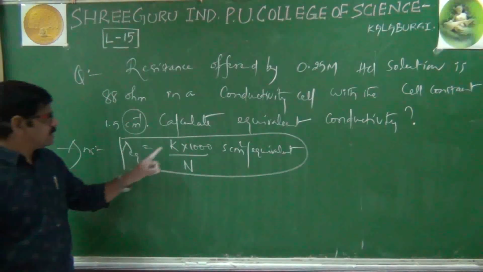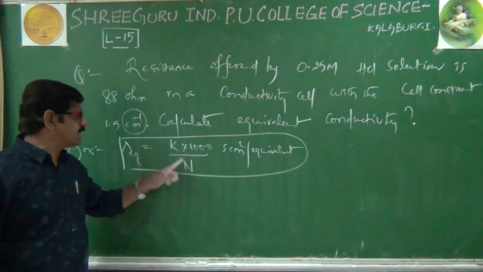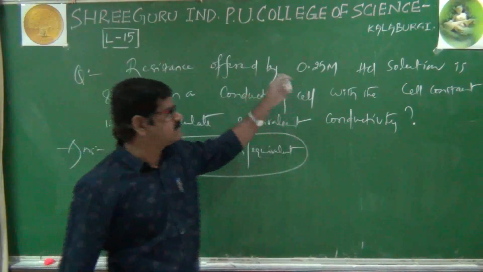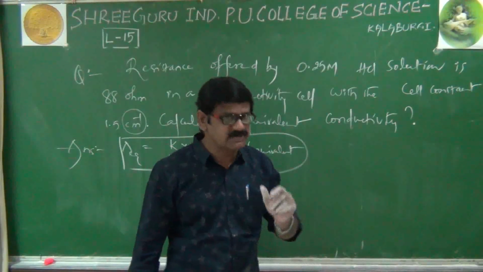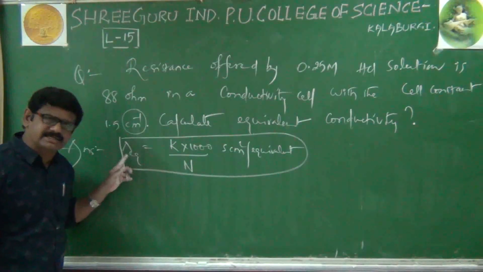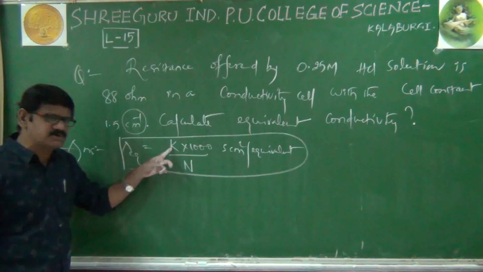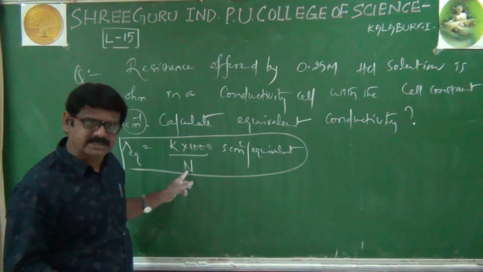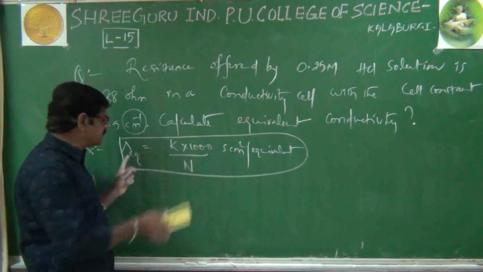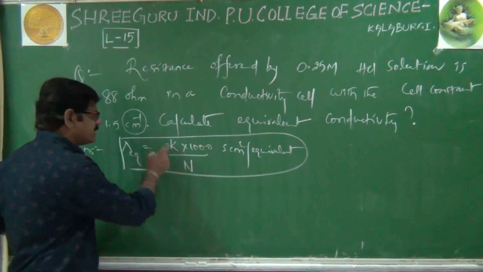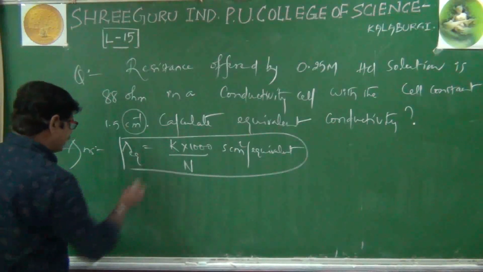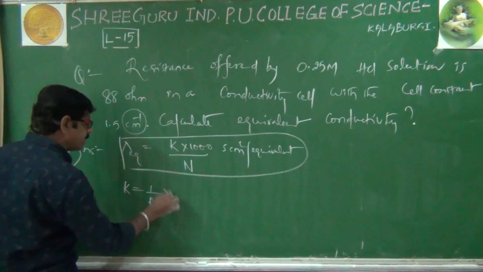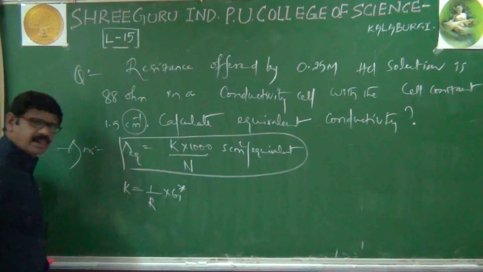Right. Now here we need a K value, conductivity is required as well as normality, but unfortunately in this question conductivity is not given and normality is also not given. That's why before we calculate equivalent conductivity, first we have to calculate the K value, and also get the normality. Then only, if you substitute both values, you will get the answer. Therefore, first our calculation is the K value. K formula is already known to you. K is equal to 1 by R into L by A, nothing but G star.